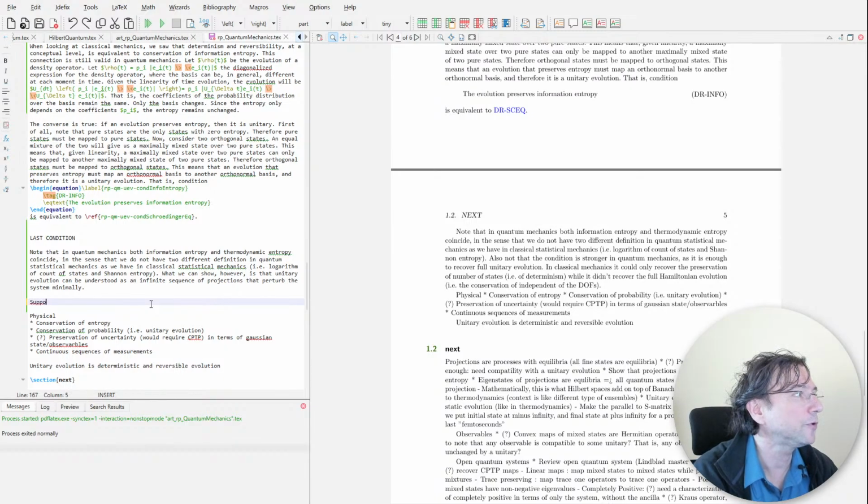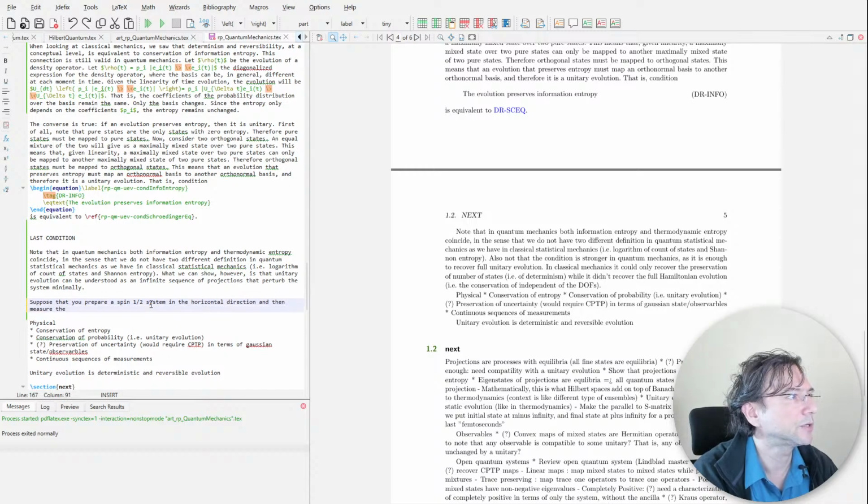So suppose that you prepare a spin 1/2 system in the horizontal direction, and then measure the vertical direction.